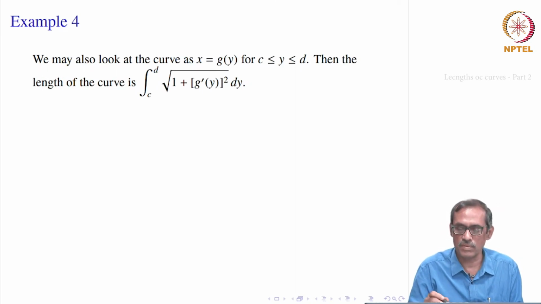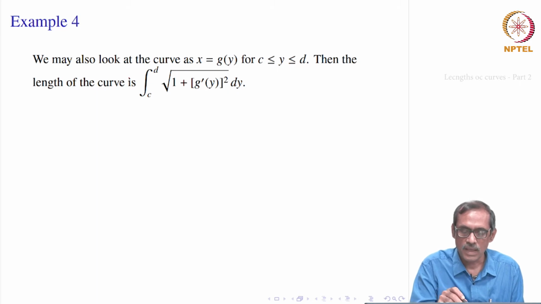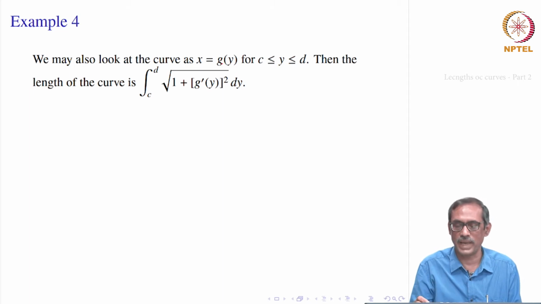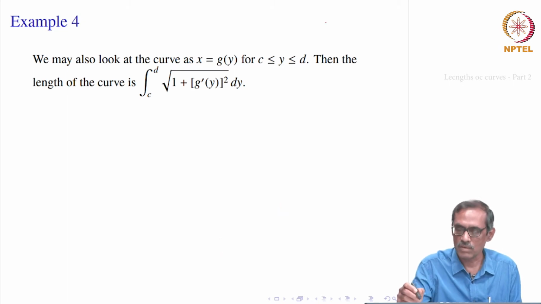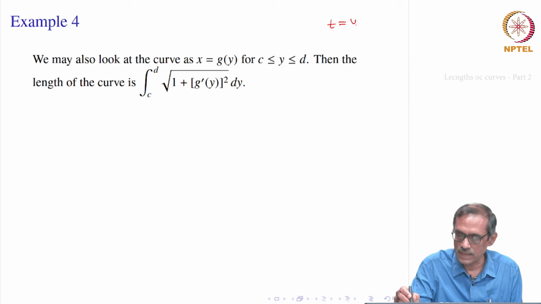Here what is given is, suppose, as we were specifying earlier, that instead of y as a function of x, it is written as x as a function of y, right. That means we can think of y as the parameter t. So our t is equal to y.